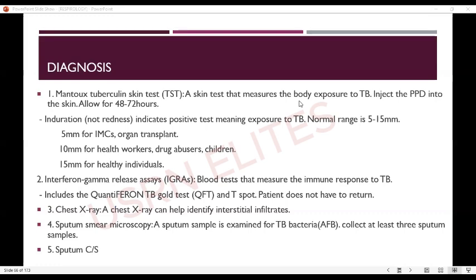So the sputum sample is examined for what? TB bacteria, and you know the bacteria, we call it Mycobacterium tuberculosis. One other thing we know is that it is an acid-fast bacillus. Please take note.